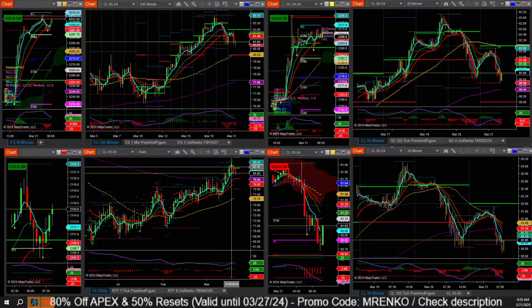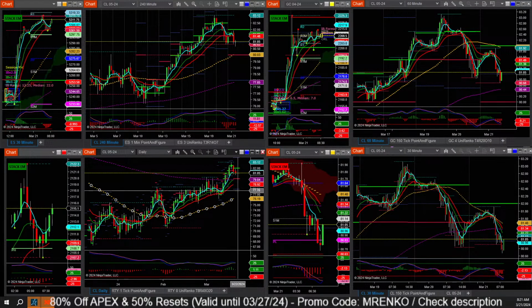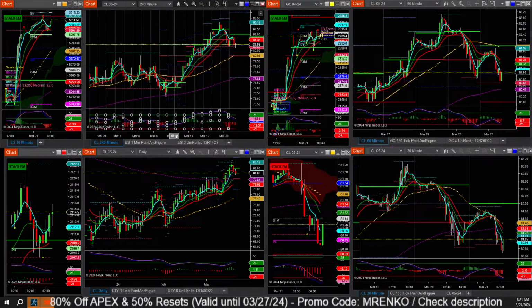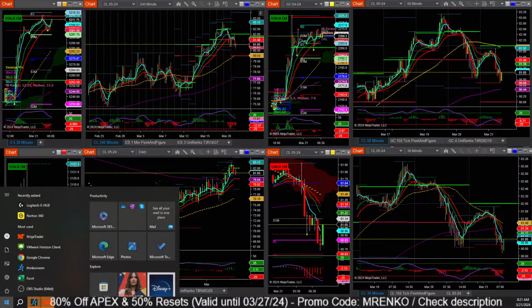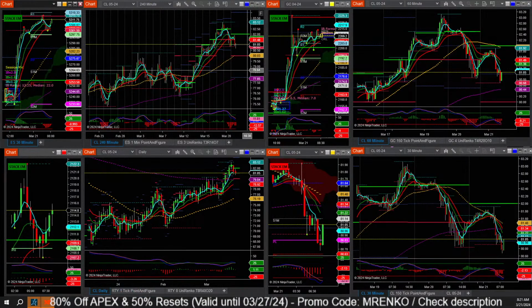And crude is in the bull flag right here above the 200. Moving averages are starting to stack to the upside and crossing above the 200. We still have the 50 below the 200, so it could signify a little bit more range, but still I'm bullish on it. Okay, 240 minutes.